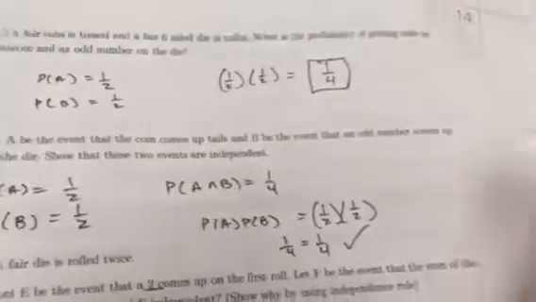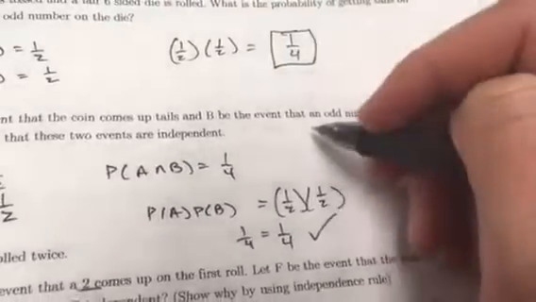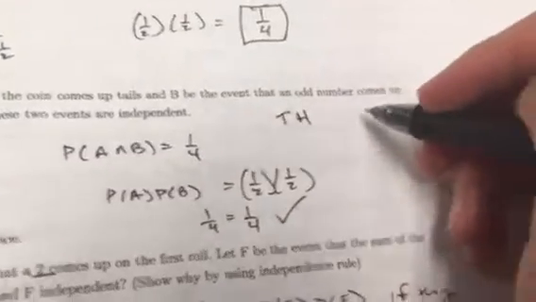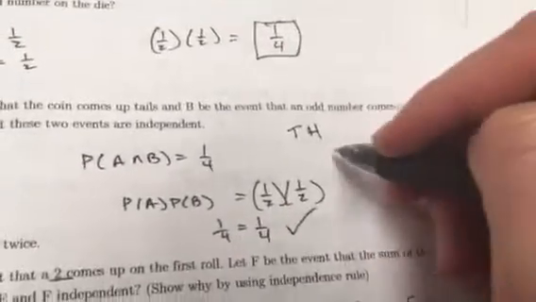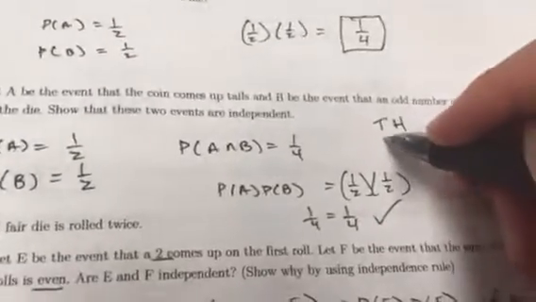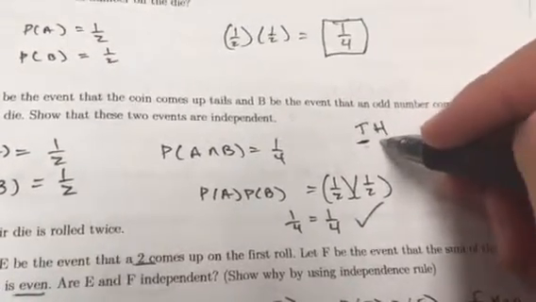And there's a few. So probability of tails and an odd number. So you're either going to get what? Tails or heads. So if you're confused about the first part, you can list out what can happen. You either flip a tails or you flip a heads.